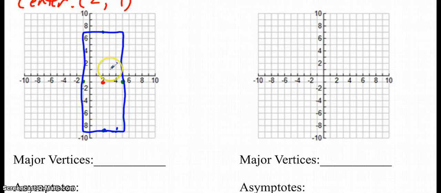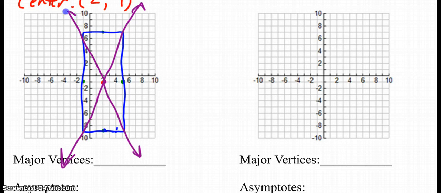What are the asymptotes? The asymptotes are going to be the diagonals of the box. So diagonal, diagonal, diagonal, diagonal. Perfect. Couldn't draw it any better myself. Alright, and then we actually draw the hyperbola.